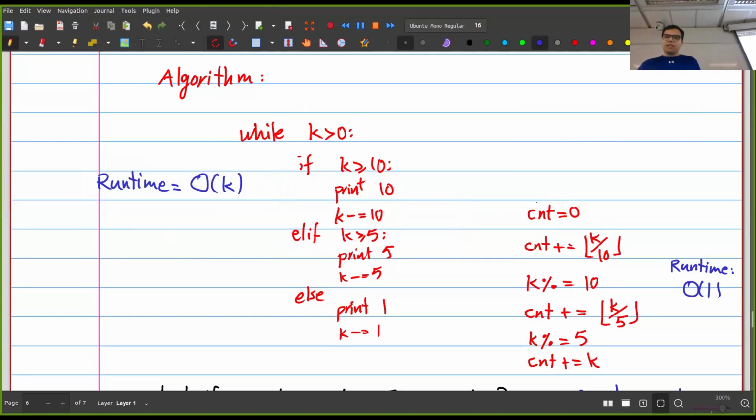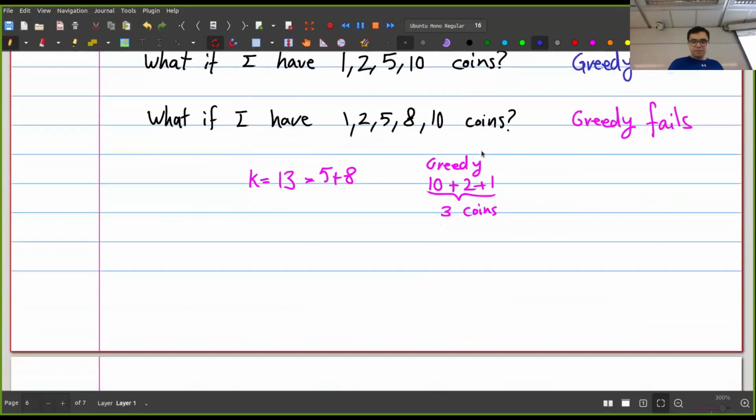And here I have this CNT and k, that's also constant memory. So both of them are using O(1) memory. Okay, so I can run these programs on machines that have very little RAM. They don't use much RAM at all.